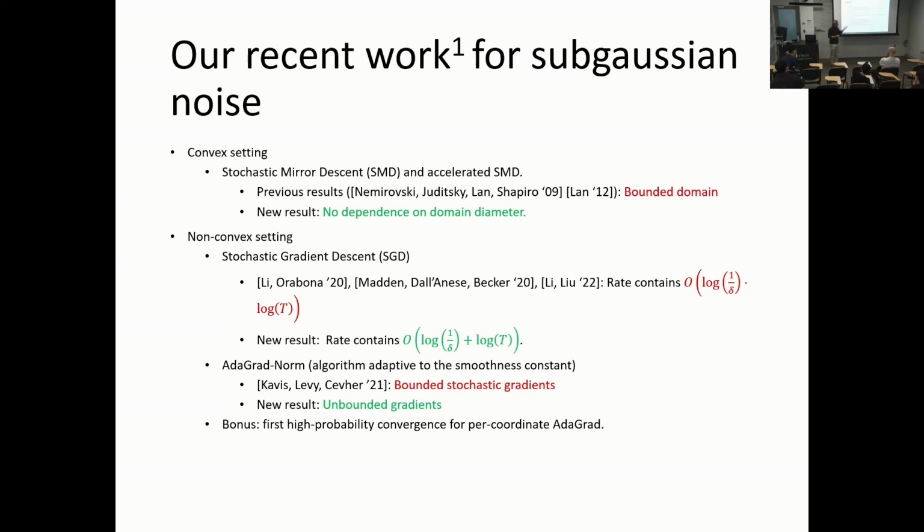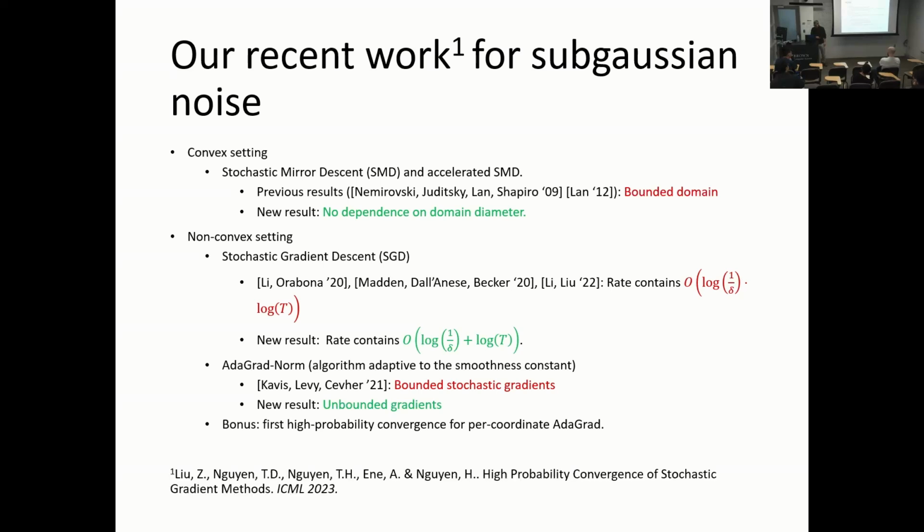And this kind of result is also used in some of the work in solving linear systems and max flow. You care about the per-coordinate smoothness because it gives a tighter bound than using the worst case across all coordinates. So we can also do that for the AdaGrad per-coordinate algorithm as well, which was not done before. Okay, so that's that.